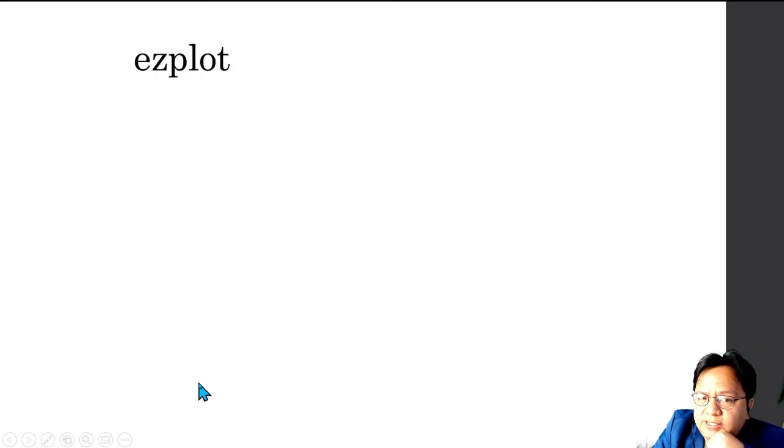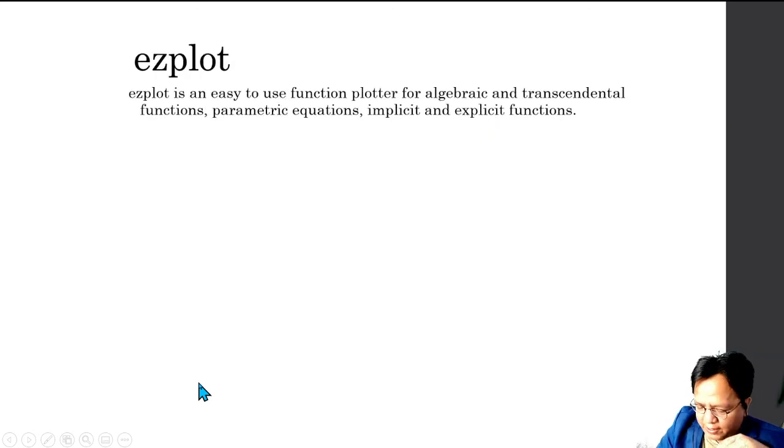For the basic plotting commands, if you want to graph functions easily, EasyPlot is an easy to use function plotter for algebraic and transcendental functions, parametric equations, implicit and explicit functions.